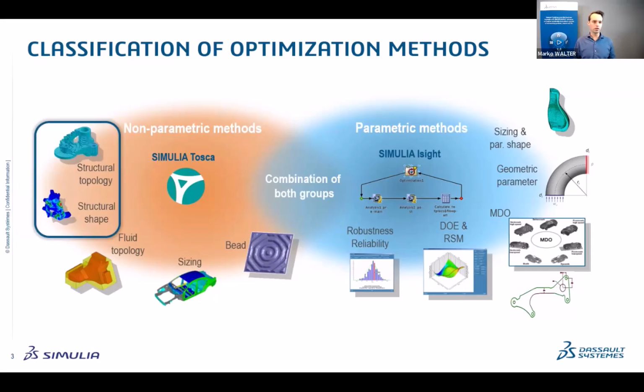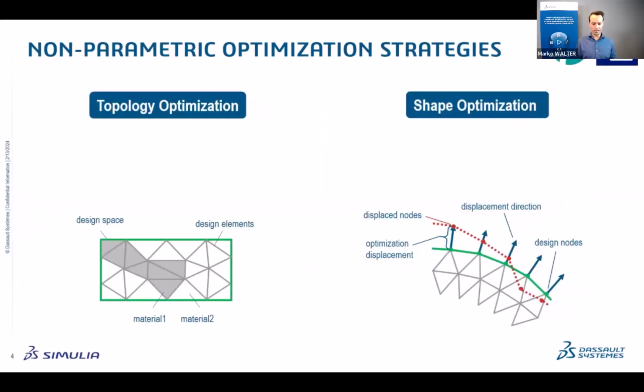Now, what we are supporting with CST Studio Suite is specifically topology optimization, which we'll discuss today, and also shape optimization. So let me first introduce these non-parametric strategies to you. On the left-hand side, you see a simple depiction of topology optimization.